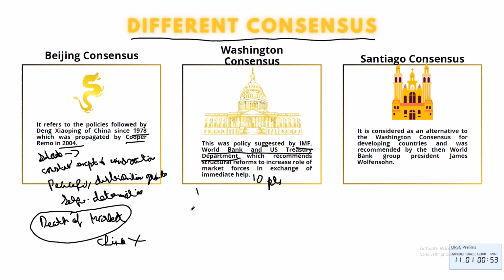We should all know that something like the Washington consensus happened in the 1991 economic LPG reforms. Structural reforms happened and the economy opened up later. So India has undergone a part of this Washington consensus.